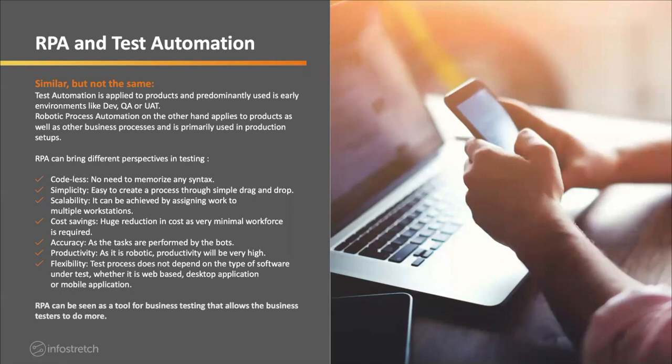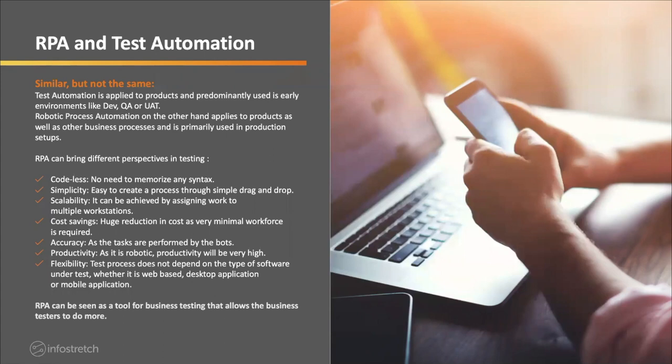One thing that I would like to say is they're similar, but they are not the same, right? Test automation is applied to the products, and it is run especially in dev, QA, and UAT environments. That is what we do when we go about testing our products. So we create these test automation suites, and then we employ them in these different environments.